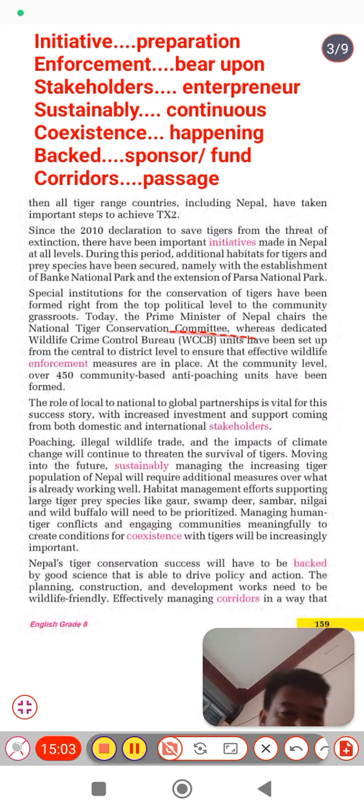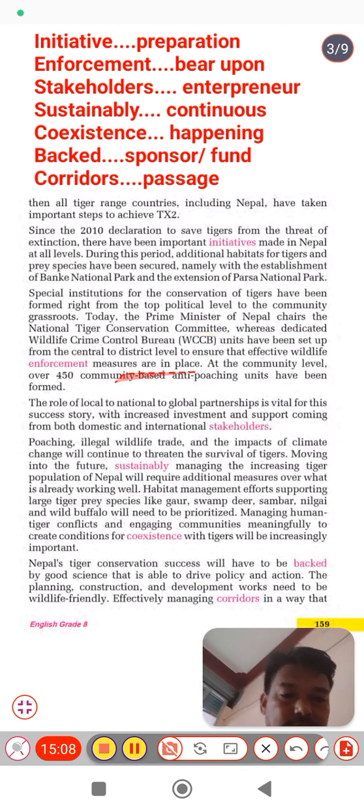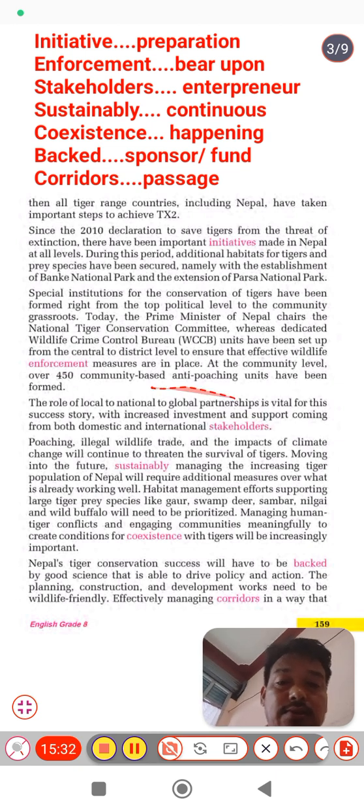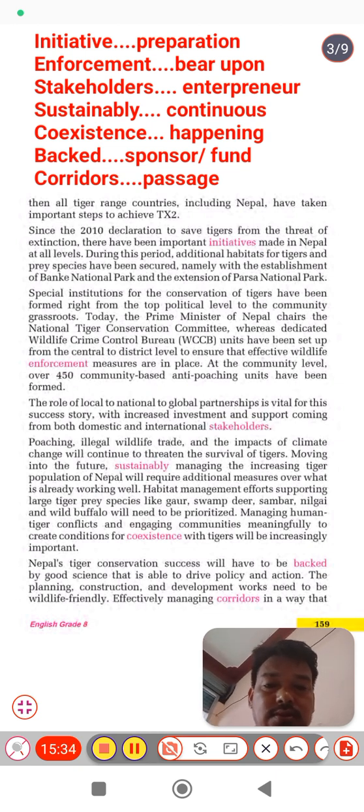Wildlife Crime Control Bureau, has also been established from top to bottom level, in order to ensure the implementation of laws and acts against tiger hunting. And for that, how many anti-hunting units are there? There are 450 anti-hunting units, in order to stop the hunting of tigers.